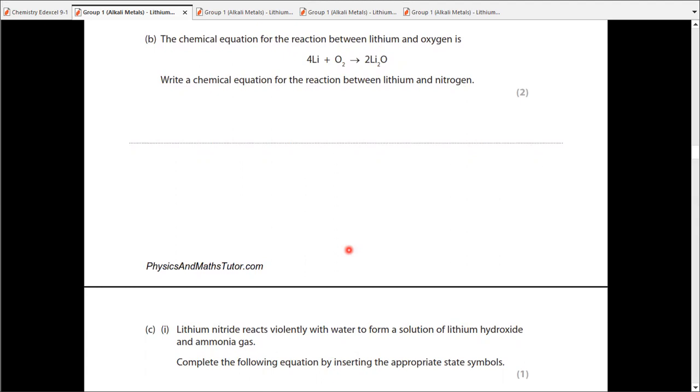So you just told me, and I'm going to write it over there so it's easier for us to understand what we're doing. You told me that you're going to take lithium and react it with nitrogen gas, which is N2. And then you gave me this formula LiN. I'm telling you this formula LiN is not correct.